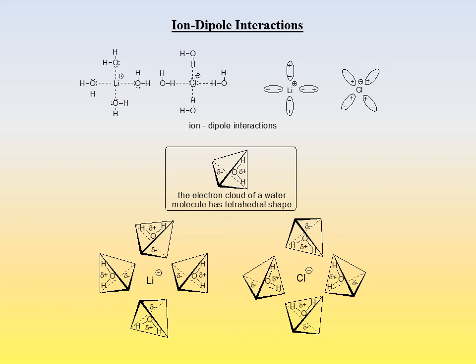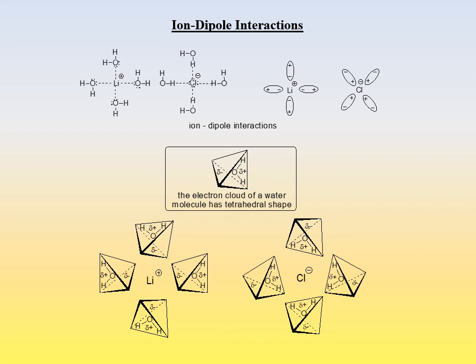Ion-dipole interactions occur when an ionic compound is dissolved in a solvent such as water, a polar solvent. In that case, the crystal lattice of the ionic compound breaks down, so individual ions leave the crystal lattice, and instead of ionic interactions between oppositely charged ions, those interactions are replaced by ion-dipole interactions.